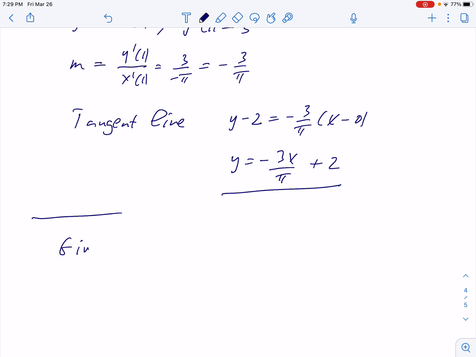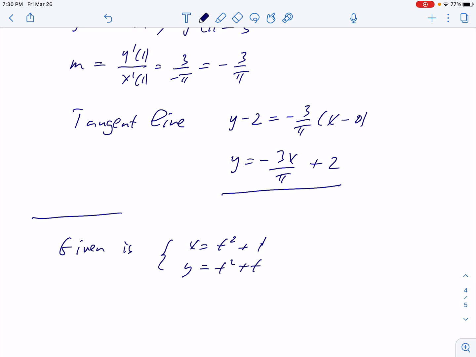Given is a parametric curve with equations x equals t squared plus 1, y equals t squared plus t.